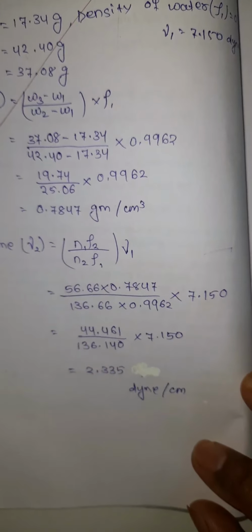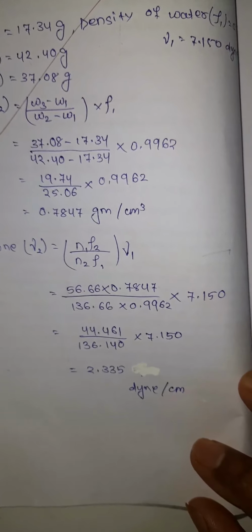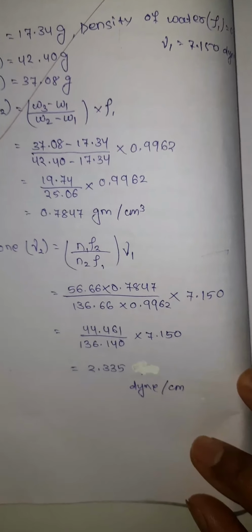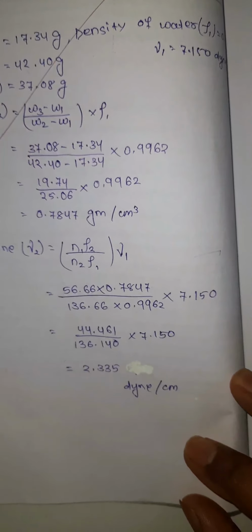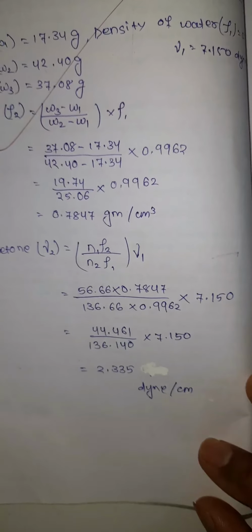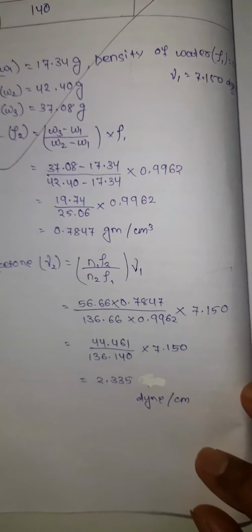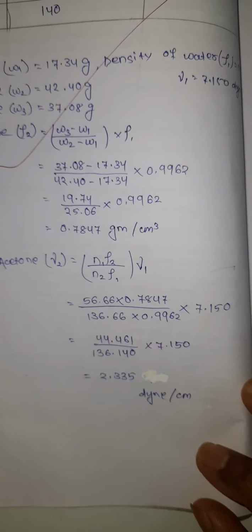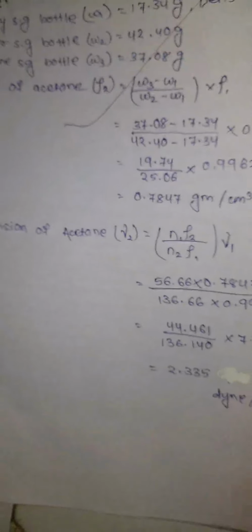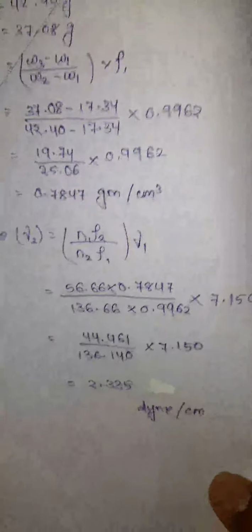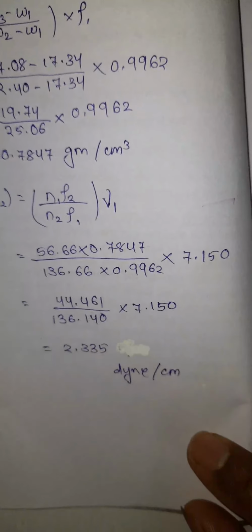N1 and N2 are the drops counted, gamma 1 and gamma 2 are the surface tensions, ρ2 is the density of acetone and ρ1 is the density of water. At last, the surface tension of acetone was determined by taking the unit in dyne per centimeter.